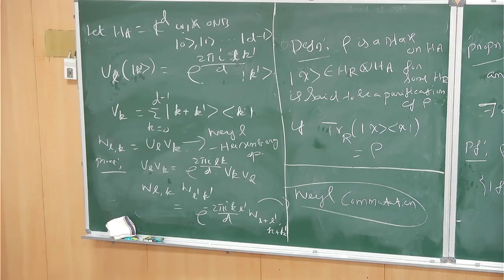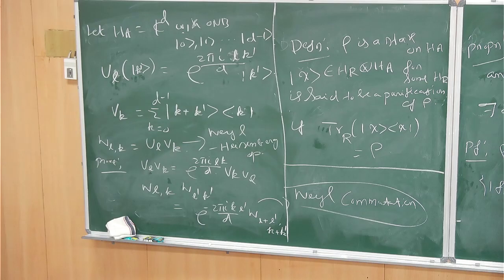Sorry, I have to correct this: it should be f_k tensor e_k, since H_R comes first.